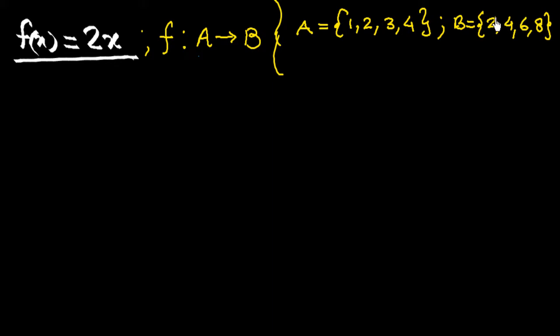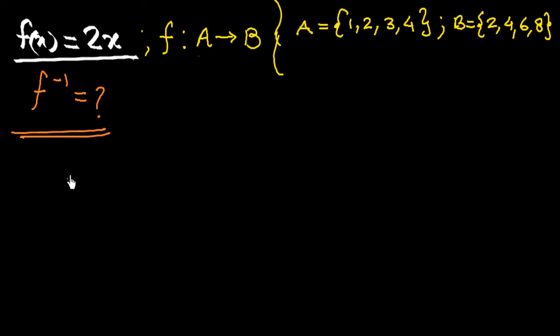So here f from A to B, if we have to find the inverse of this, we have to find f inverse here. So what we have to do is find the range of this function, because the function is given as f of x is equal to 2x.